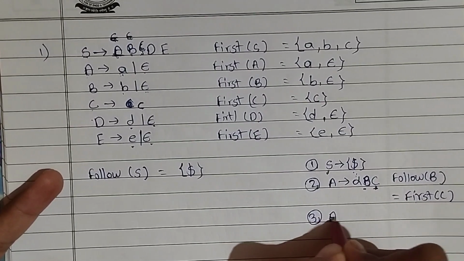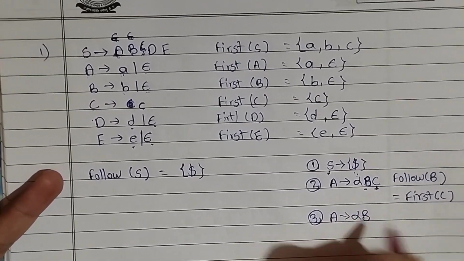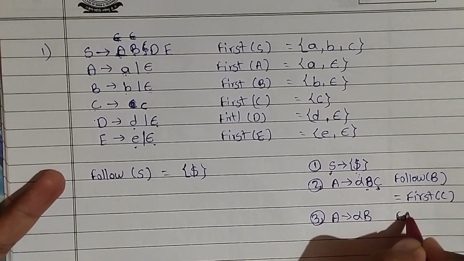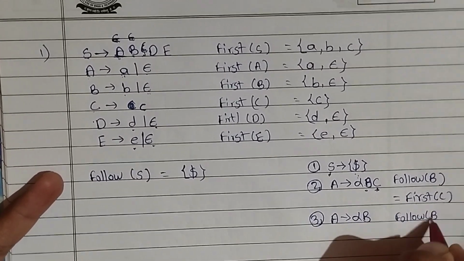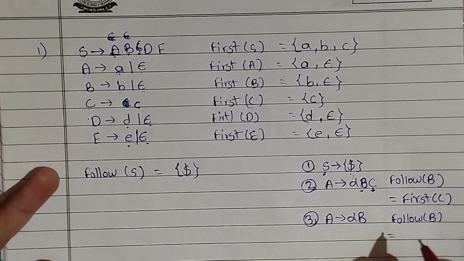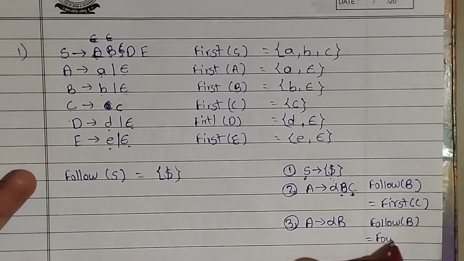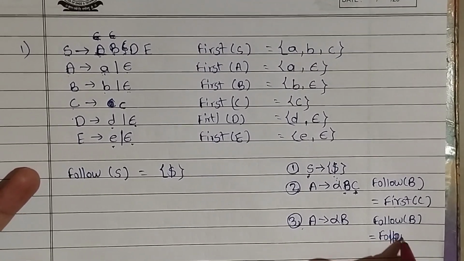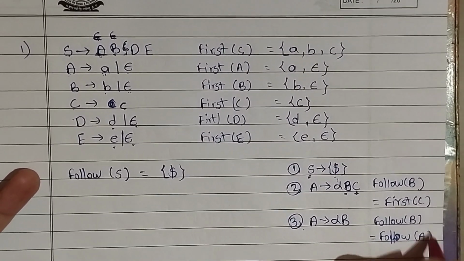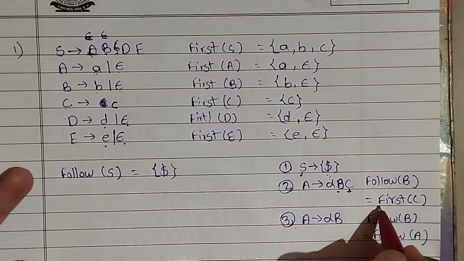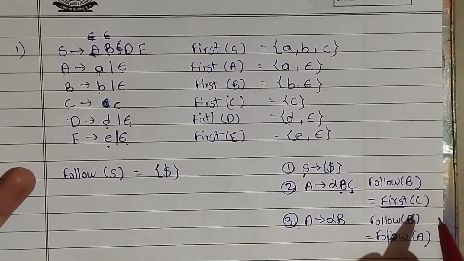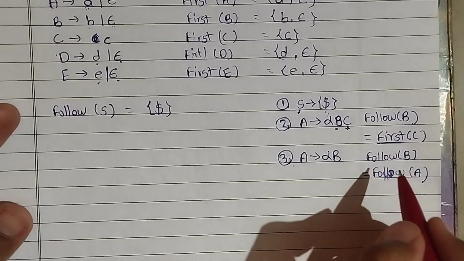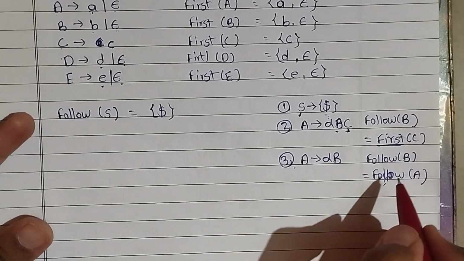The third rule is if A reads alpha B and we find the follow of B, then this is nothing but the follow of A. Here we find out the first. Please keep these changes in your mind. This is most important.